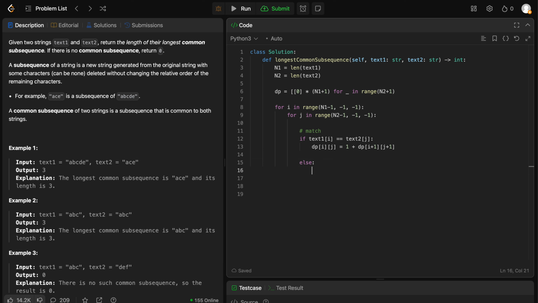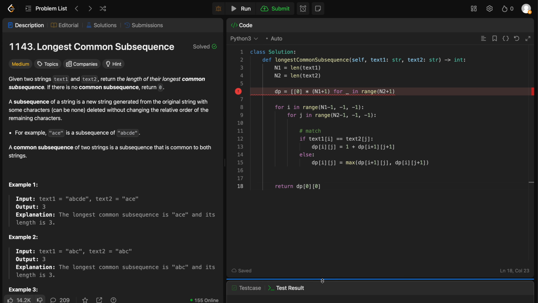If there is no match, dp of i, j is equal to the max from the one on the right and the one on the left. So we need to do this and this. And essentially that's it. We just return dp of 0, 0. So it looks crazy simple.